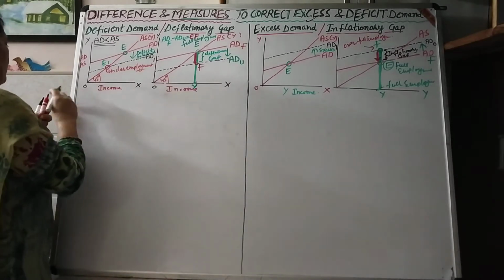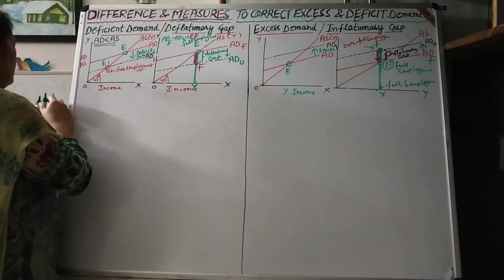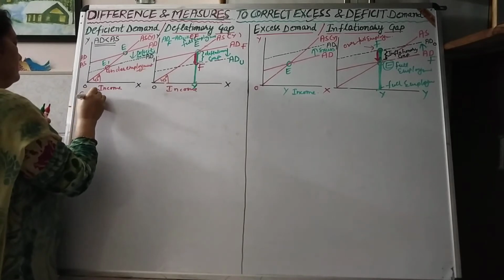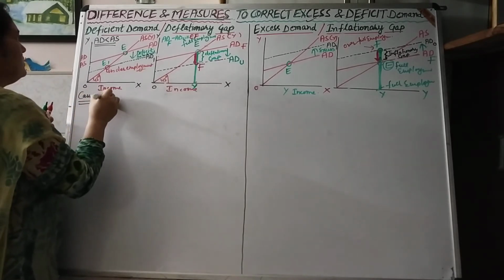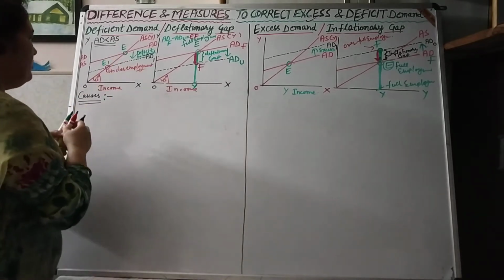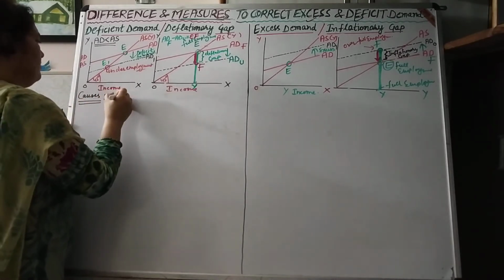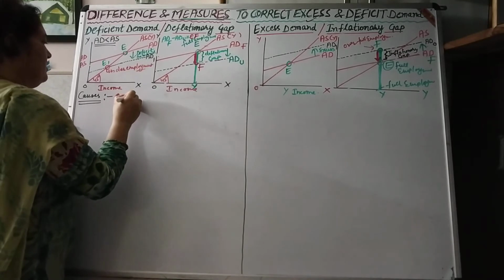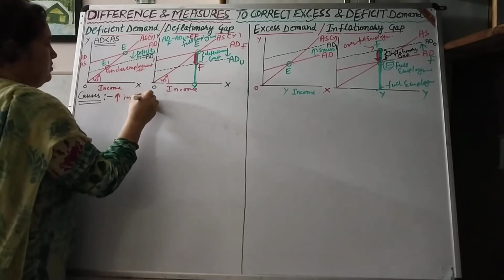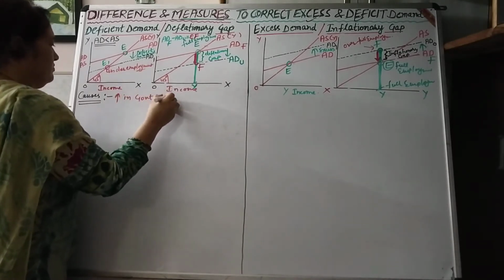So we have written which are the causes of deficient demand or deflationary gap. Number 1, fall in government expenditure.